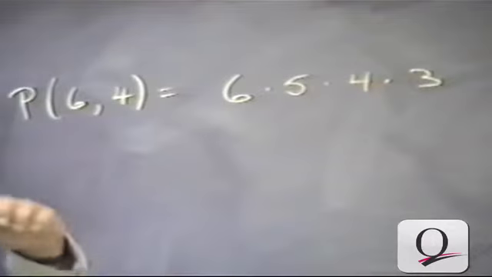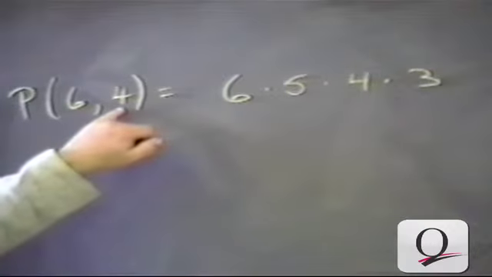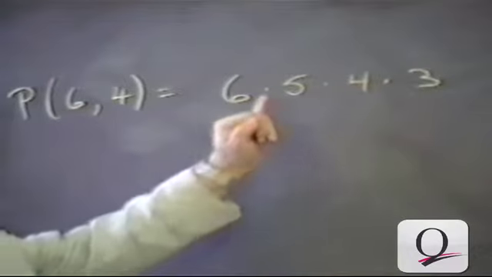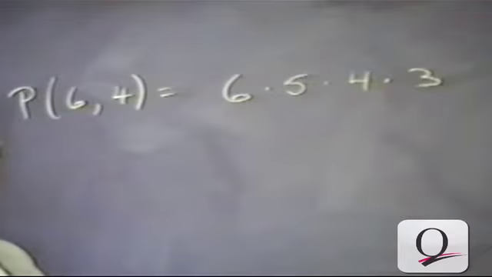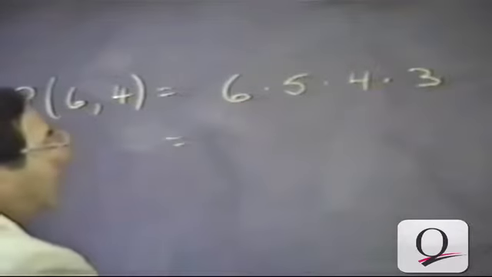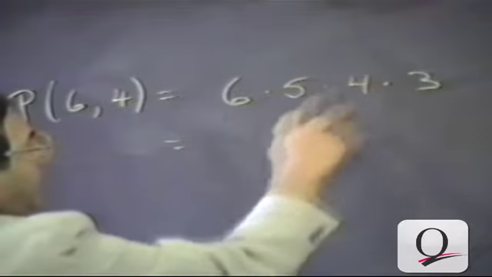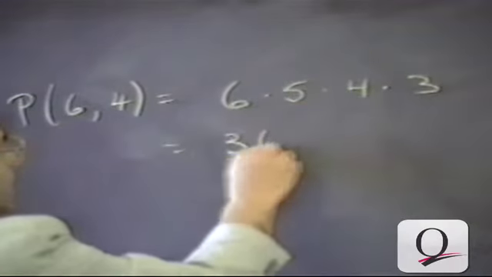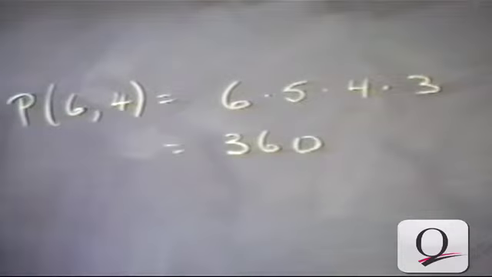That's one way to know how to stop. Another way is, since I'm picking 4 items, I know I have 4 choices. I have to put 4 numbers there. So this is 20 times 18, 360. Different ways to permute 4 out of 6.